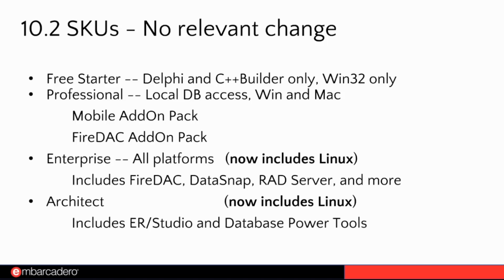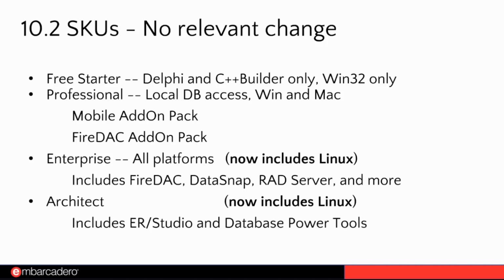Now, the mobile add-on pack is included in RAD Studio Professional. So if you are looking at Professional and you're not sure which version, it might actually be not a lot of difference to go for RAD Studio Professional and get the mobile packs included. And obviously, getting RAD Studio is going to provide you with both Delphi and C++ compilers.